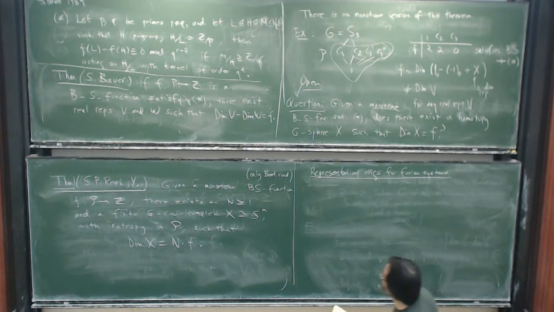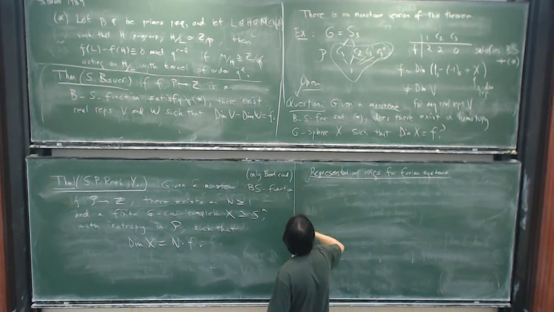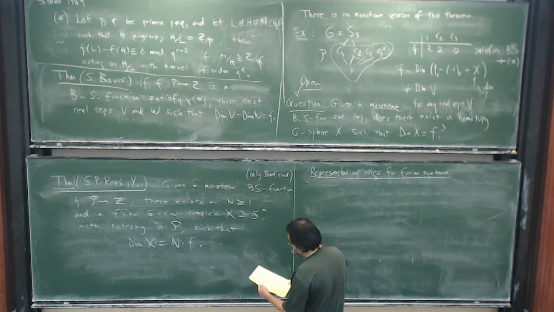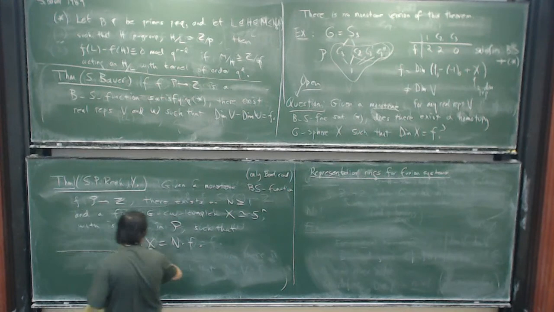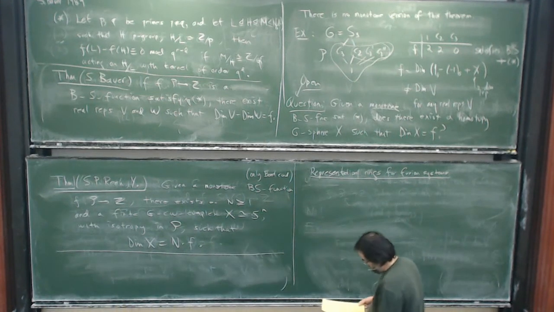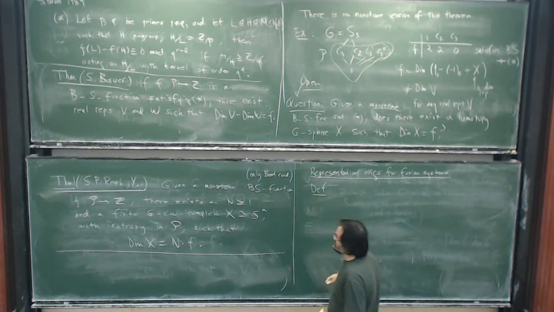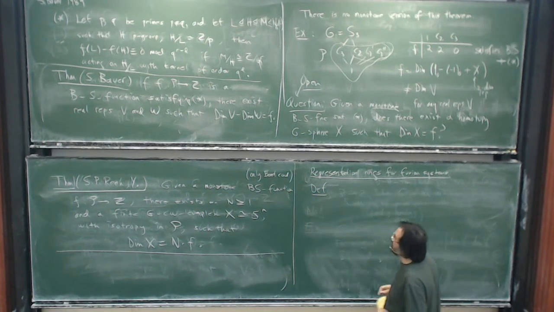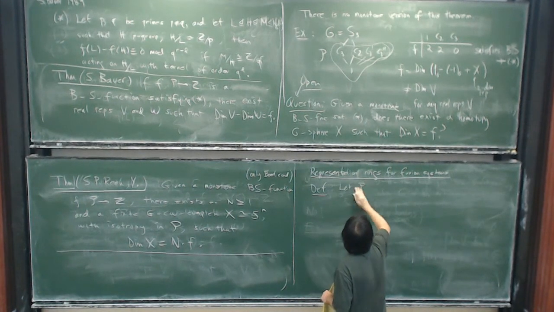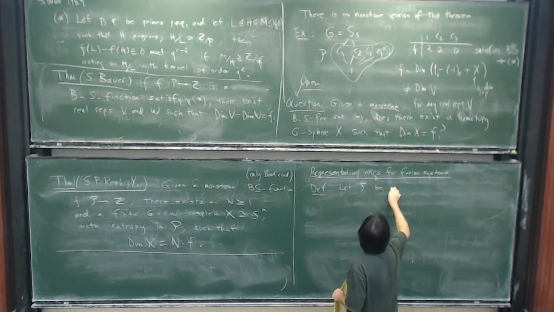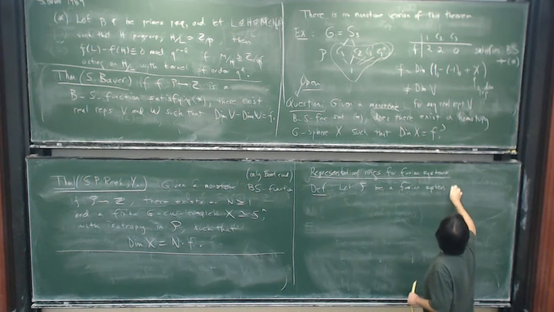Just to make the connection, okay. So let me give you a definition, and then I'll state the theorem and say how this theorem gives theorem 1. So let F be a fusion system on a P group S.